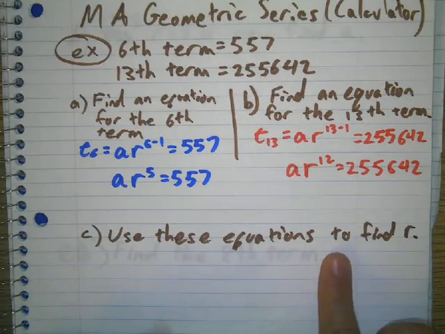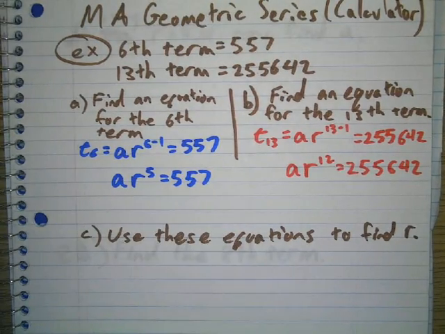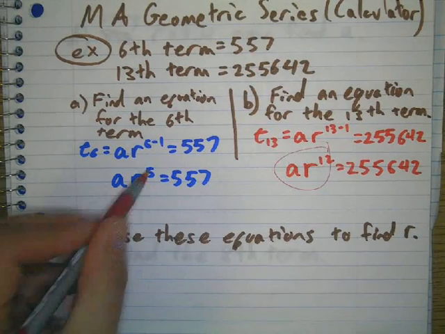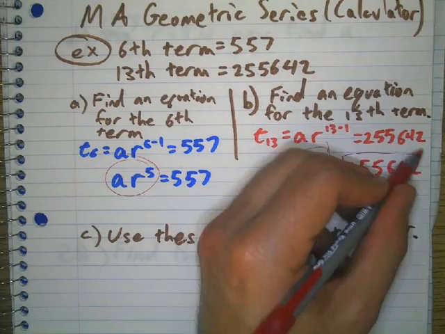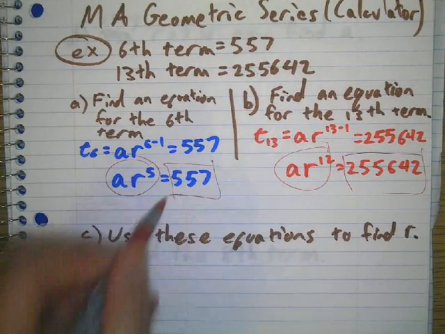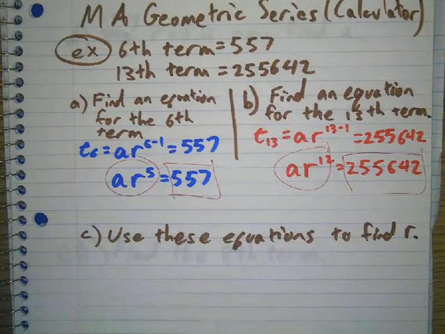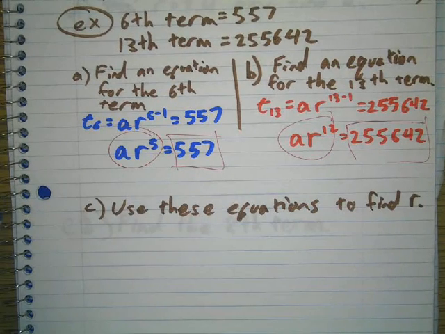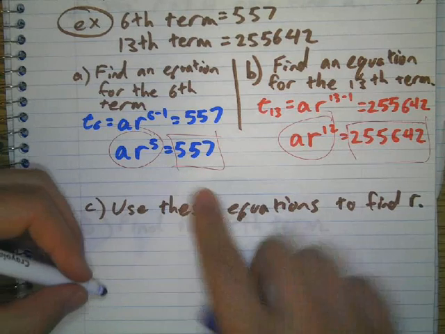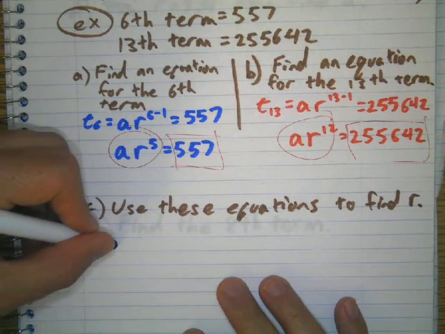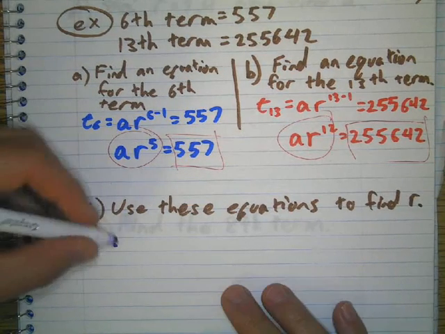What we can do is set up a ratio of this over this equaling this over this. So let's set up that ratio right now. I'm going to use the red one over this one so that our r value is a number greater than 1.